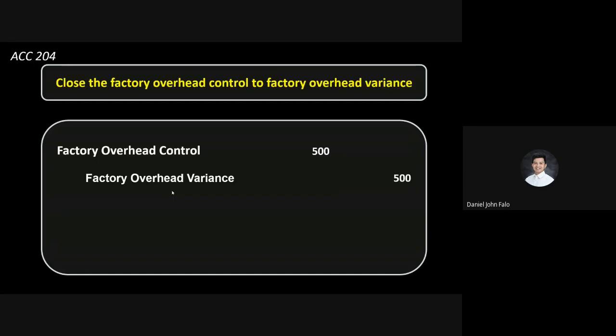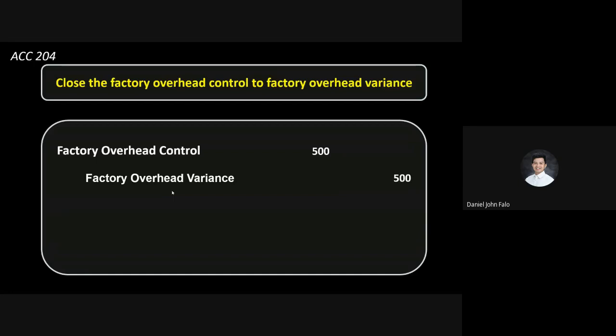It is very difficult to determine the 100% of the actual factory overhead. So it is a practice, or a procedure, to account for the factory overhead using an estimate, which is the applied factory overhead.